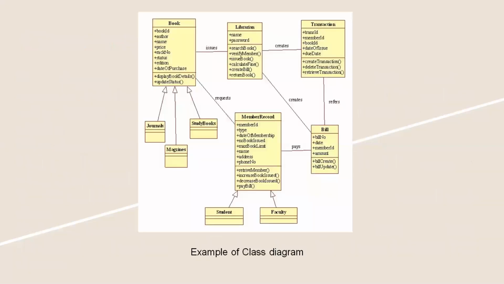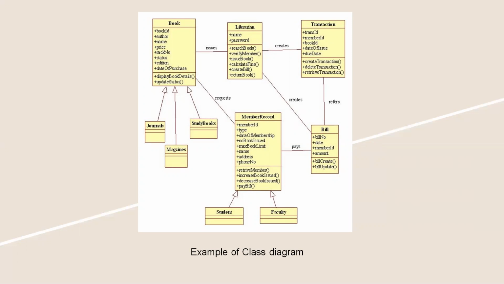In the diagram we can see there is a book, librarian, transaction, member record, and a bill. These are the classes of your project, and we can see three partitions in each box. If we look at the book class name, we see book ID, author name, price, rack number, status, edition, and date of purchase.